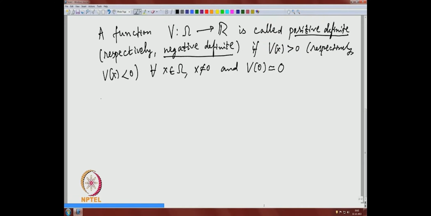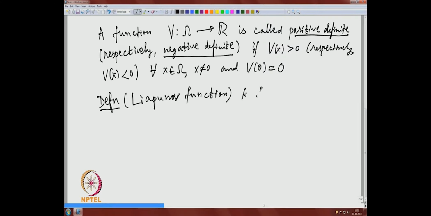So, now the definition of the Lyapunov function. This is a very useful tool and it has been even adopted in other situations. Okay.